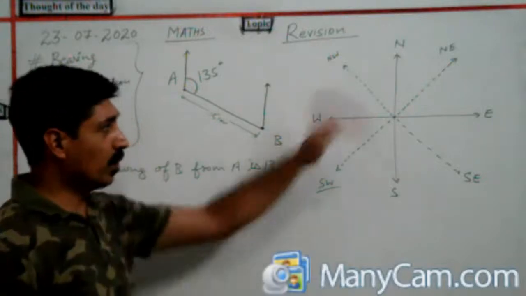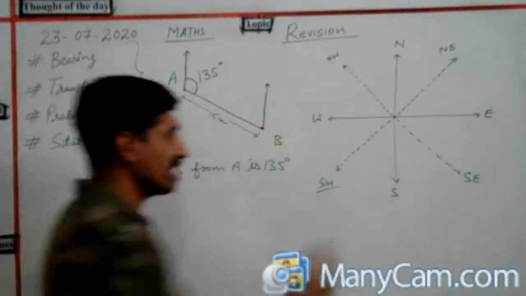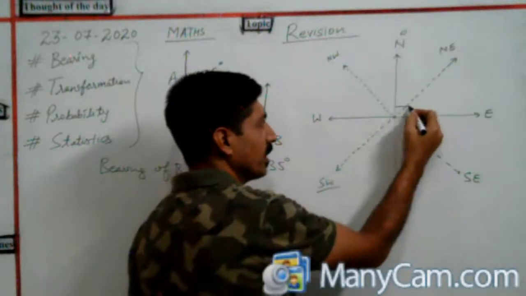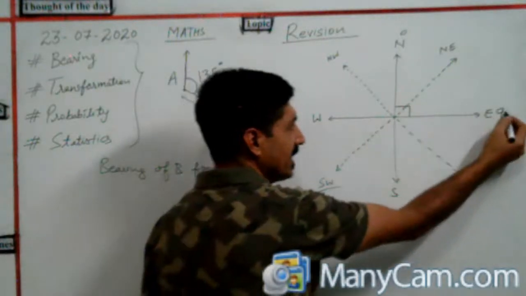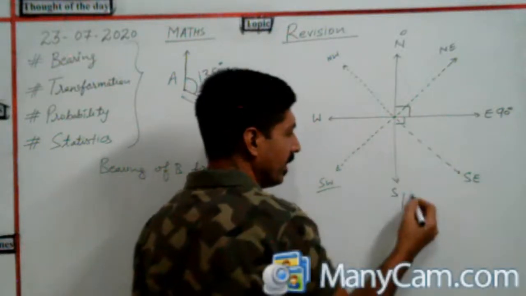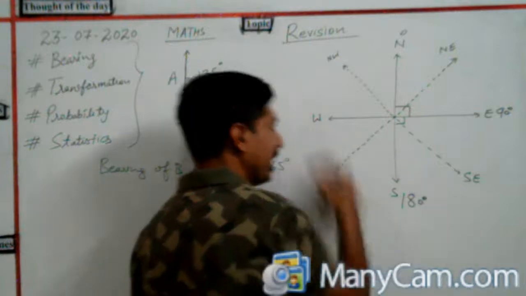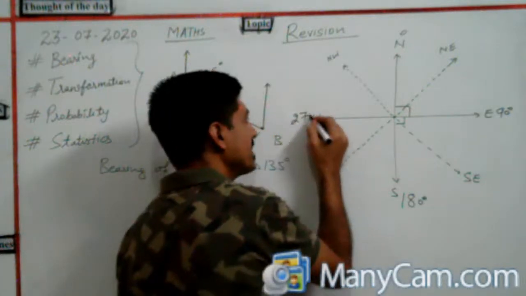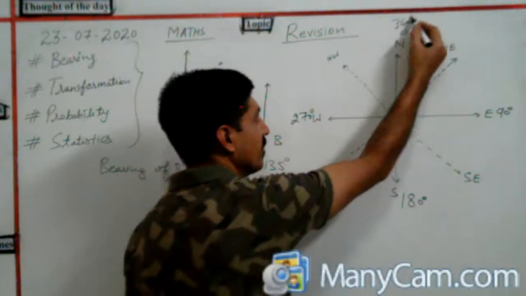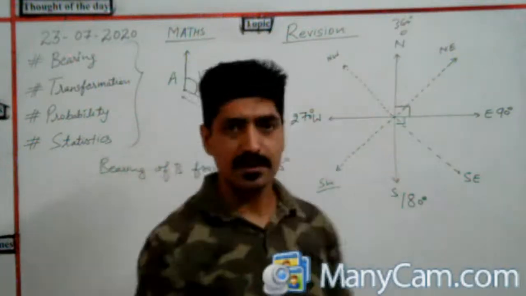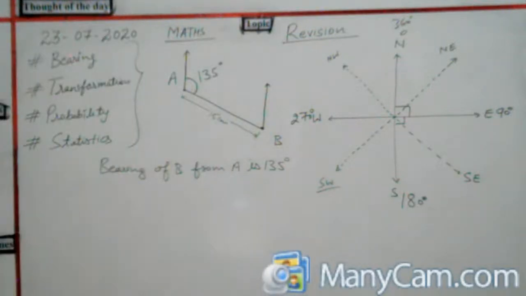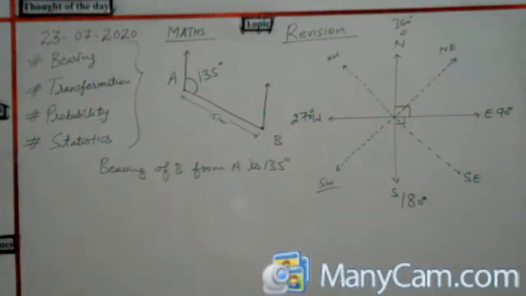As we know, the complete angle is 360. If the north direction is 0, then this angle is 90 degrees, then one more 90 here makes 180, again this is 270, and the complete angle is 360. This 0 is again 360.